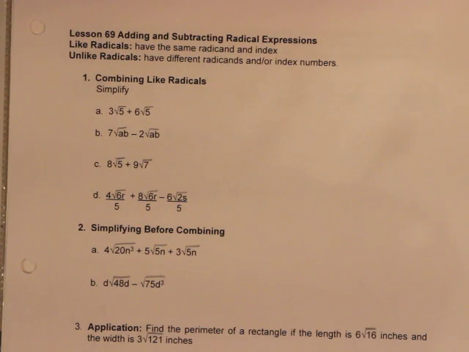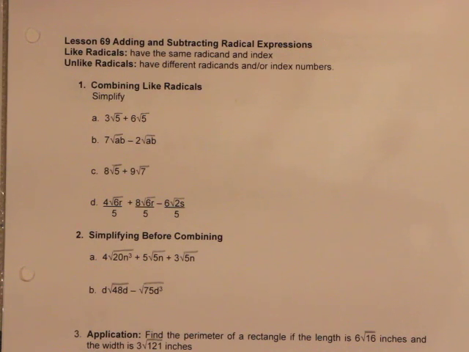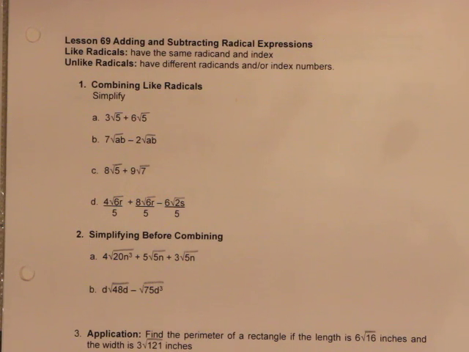In any case, lesson 69 is about adding and subtracting radical expressions. Like radicals have the same radicand and index, unlike radicals have different radicands and/or different index numbers. That sounds really complicated, but it's really just complicated in word, not in practice.